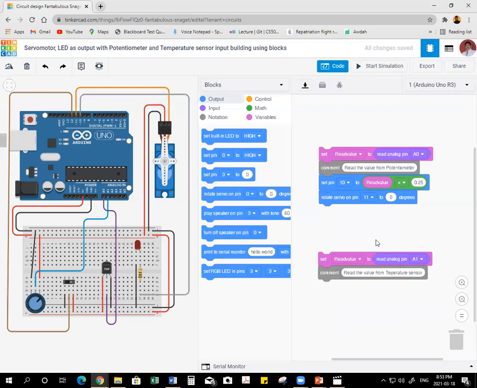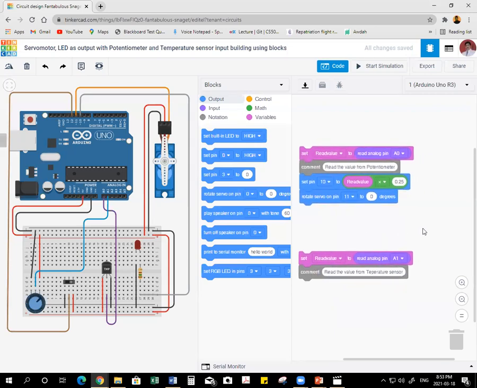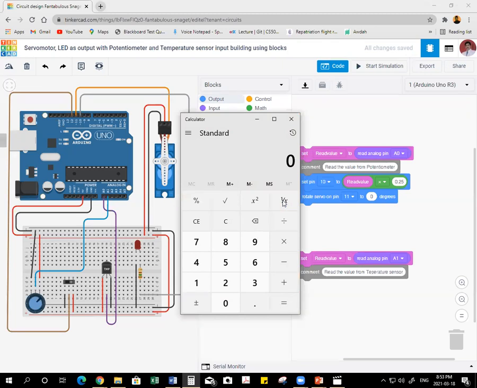Now how much do we have to rotate? That we have to calculate. Again, the read value we are getting is between 0 to 1024. The servo motor in degrees has to go from 0 to 180 degrees, so I have to scale down.